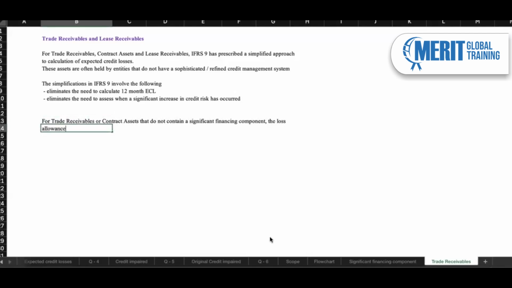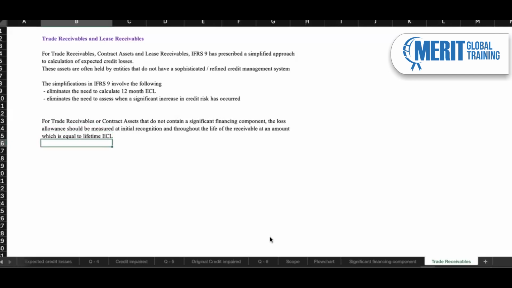The loss allowance should be measured at initial recognition and throughout the life of the receivable at an amount which is equal to lifetime expected credit losses.